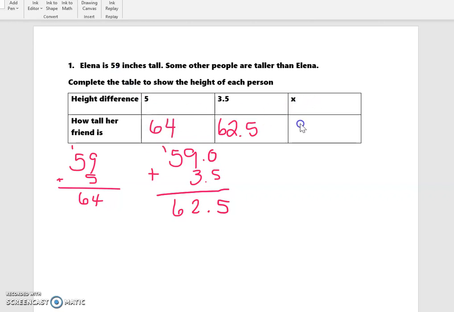So if I'm writing the equation, we would take 59 and add whatever that height difference is, so we're adding that to X. When you're given a variable, think about how you got the answers in the table and write that including the variable.